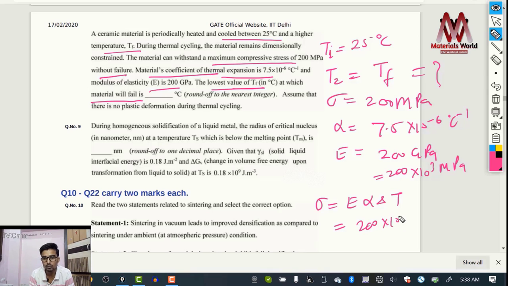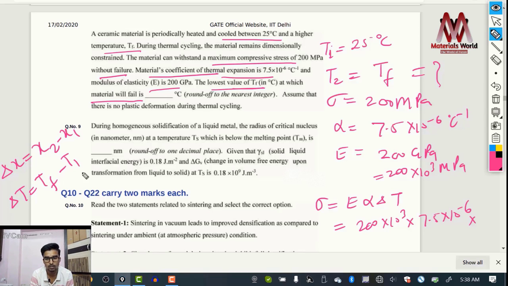So 200 into 10 power 3, into alpha, which is 7.5 into 10 power minus 6, into delta T. Delta of any quantity will always be final minus initial, so delta T will be TF minus T1. And sigma is already given as 200 MPa.